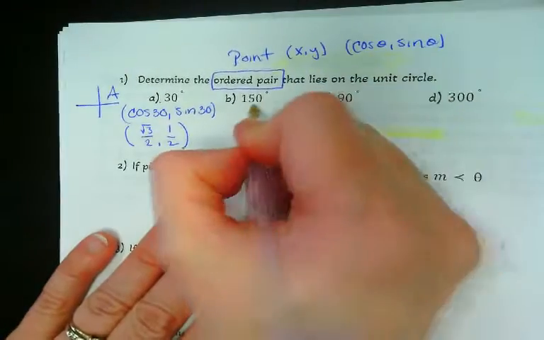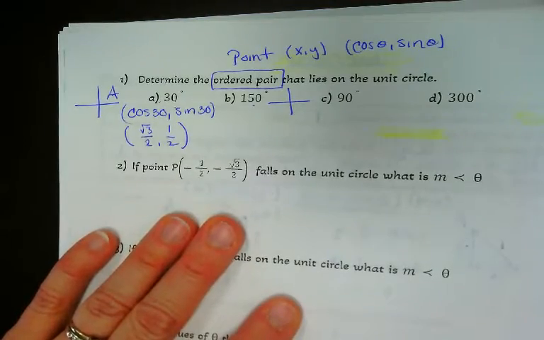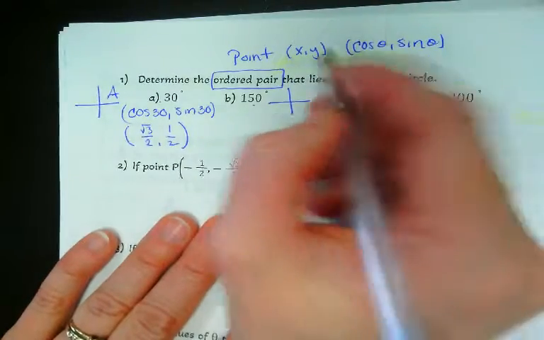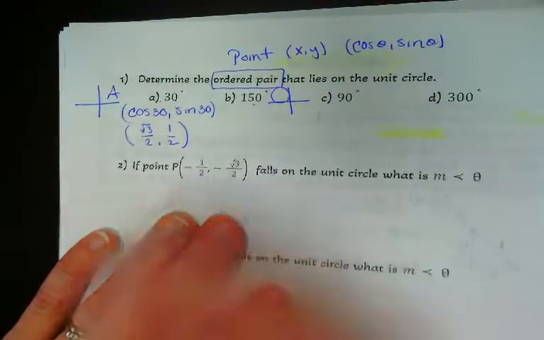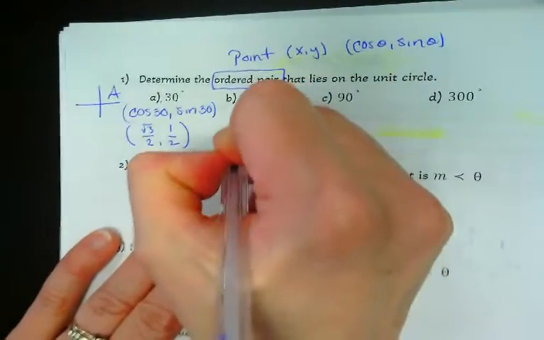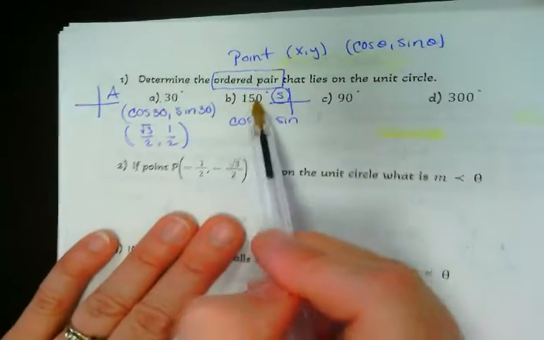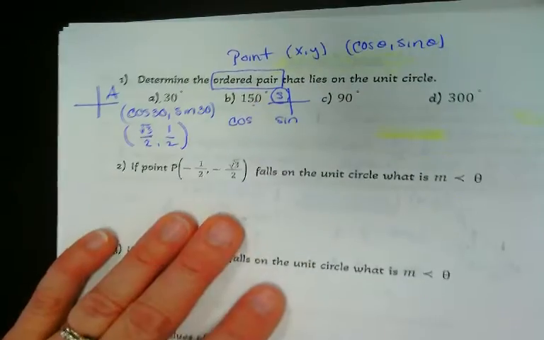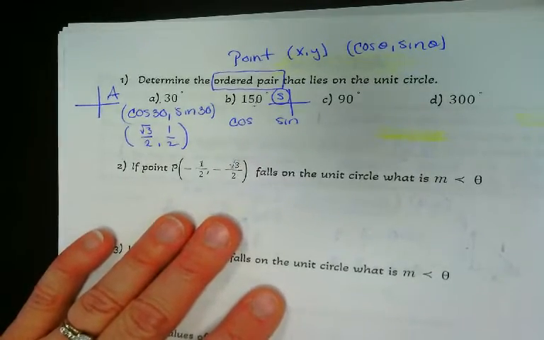All right, 150. So I'm going to make a quick axis. Where is 150? Quadrant 2. Okay, who owns that quadrant? Sine. So I need the cosine of somebody and the sine of somebody. 150. Now 150 is not a number I know. Is it a 30, 60, or 45? How far from the x-axis is it? 30.